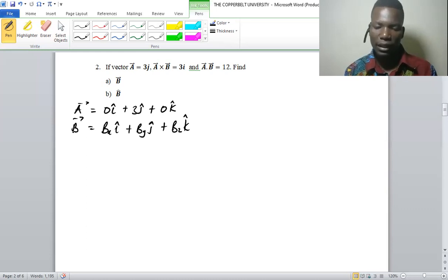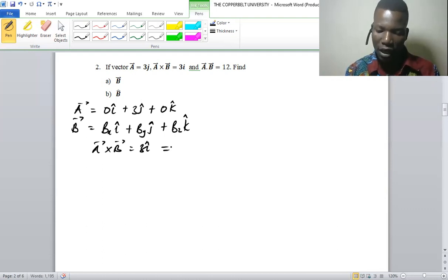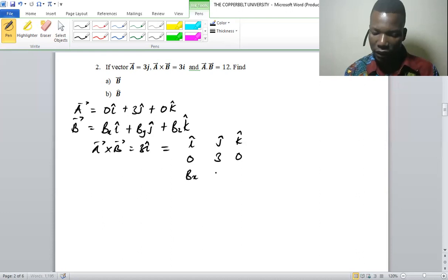So we start with the cross product. We've been told the statement vector A crossing vector B gives us 3i. So this means that vector A crossing vector B should give us 3i, which is the same as the determinant with i, j, k; for A, in x we have 0, we have 3, we have 0; and for B we have bx, by, and bz.